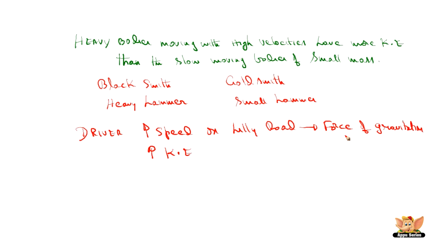On a flat road, you will have only friction of the road and air resistance, whereas on a hilly road, you have air resistance, friction of the road and, in addition to them, a force of gravitation. That is the reason he increases the speed, by which kinetic energy is increased, so the car can move without any problem.